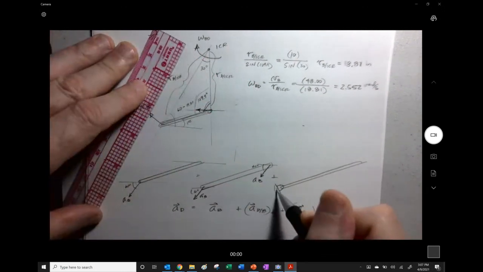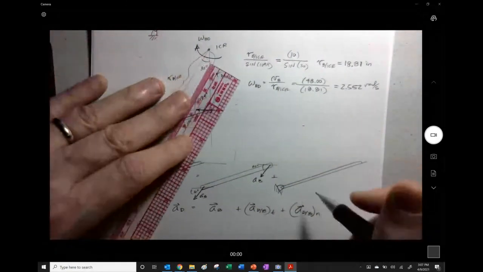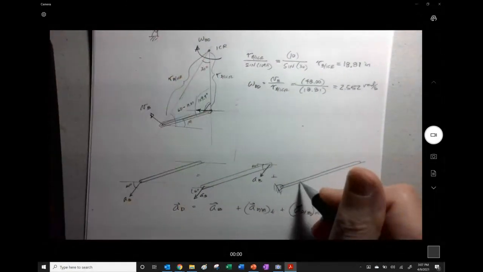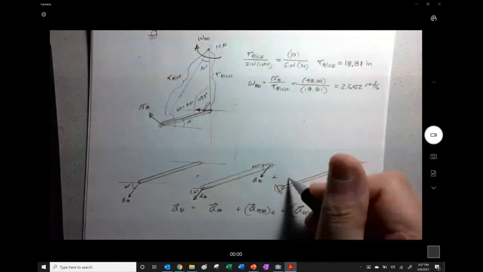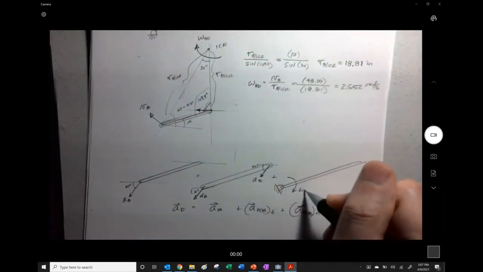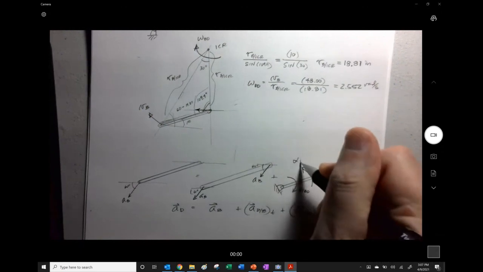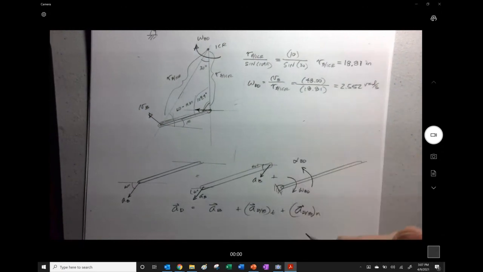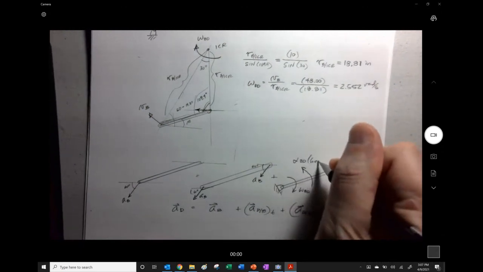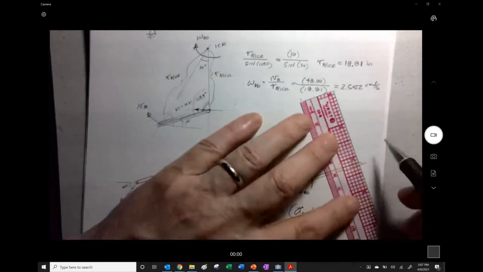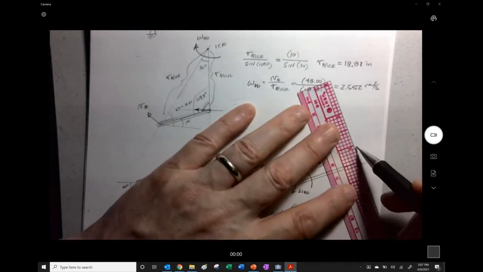And I'm going to pin it right here. We've already established that this is going clockwise with our angular velocity, but we don't know which direction, so I'm going to guess this is in the counterclockwise direction.